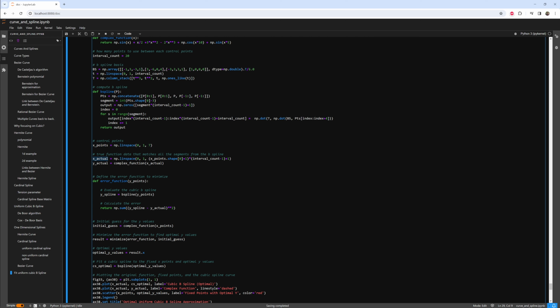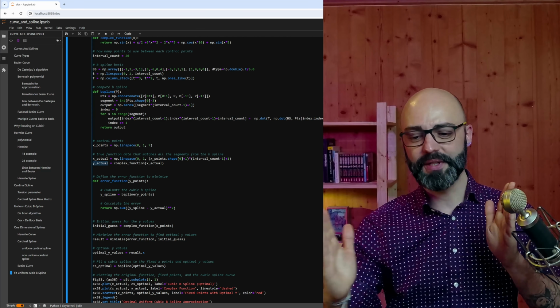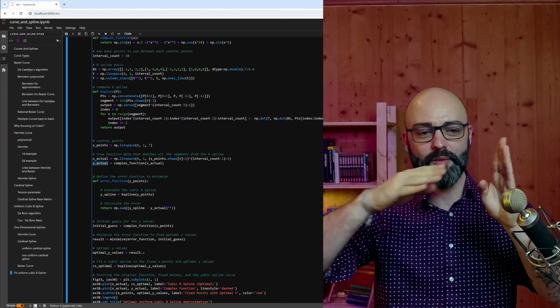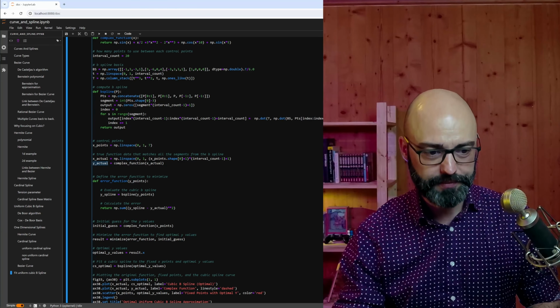So I sample my function, as I said, 20 times between every point. That's all the points on the time axis, and the values of my complex function for all those x's. I take 100 points on my x, and I compute the y values for those, so I have x, y values for all of those points.